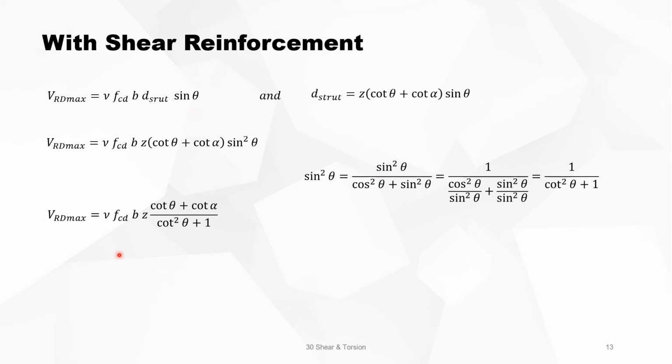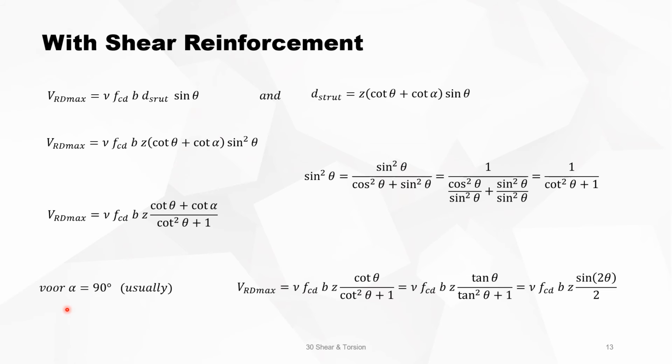We transform everything to cotangent theta because we are working in all formulas with cotangent theta, not necessarily with theta, but with cotangent theta. We know this should be between 1 and 2 according to the national annex. So it's easier than working with sine theta. So this is easier to use. Alpha is most of the time 90 degrees, vertical stirrups. And then you have this classic formula.